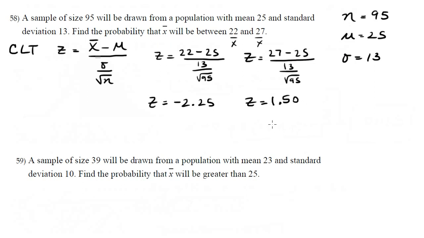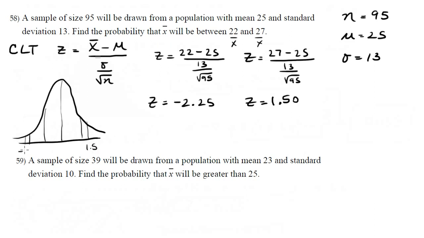So just as I did before, I'm going to look at the table again and find the probability that z is between negative 2.25 and 1.5.